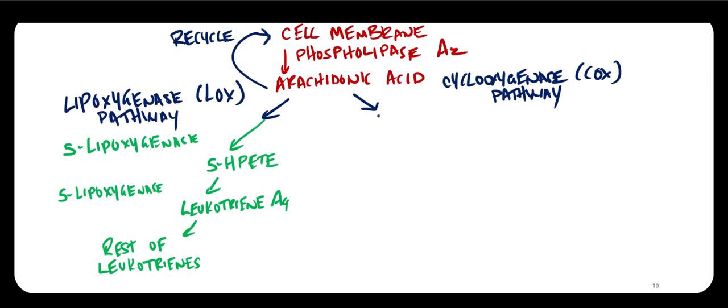What that's going to do is use COX-1 and COX-2, cyclooxygenase 1, cyclooxygenase 2, we're going to talk about those in a minute, and make a couple different things. Going to make molecules called cycloendoperoxides, so PGG2 and PGH2. But what I would know about them is that they're the cyclic endoperoxides.